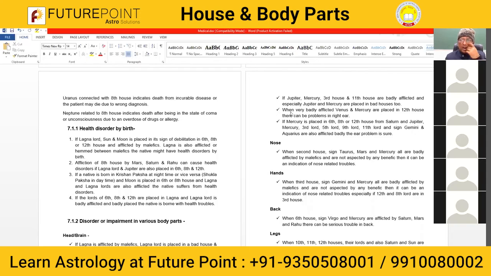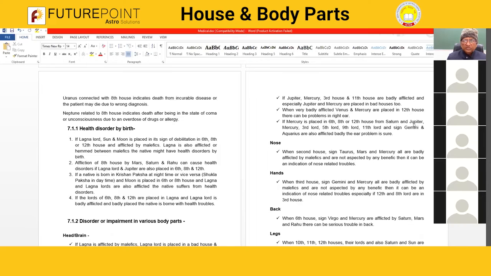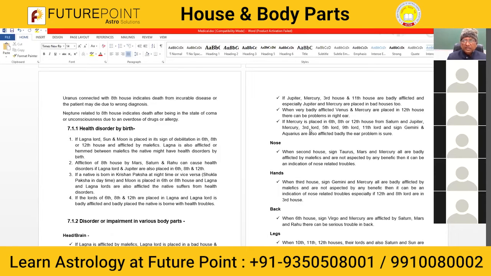And when very badly afflicted, with Venus and Mercury placed in the 12th house, there can be a problem in the right ear. If Mercury is placed in the 6th, 8th, 12th house, and Saturn and Jupiter, the 3rd, 5th, 9th, 11th Lords, and signs Gemini and Aquarius are also afflicted, the ear problem is sure.